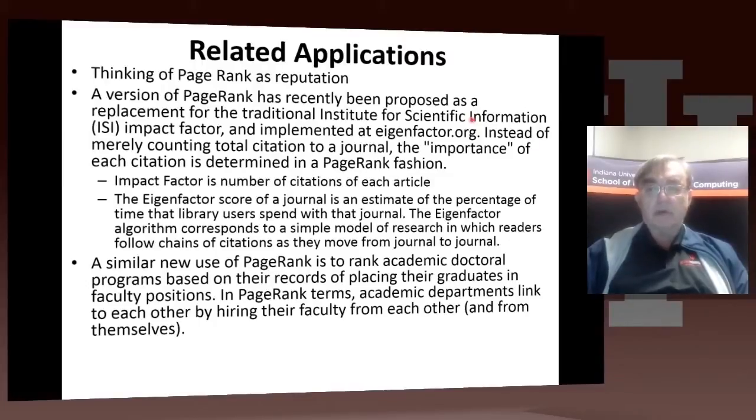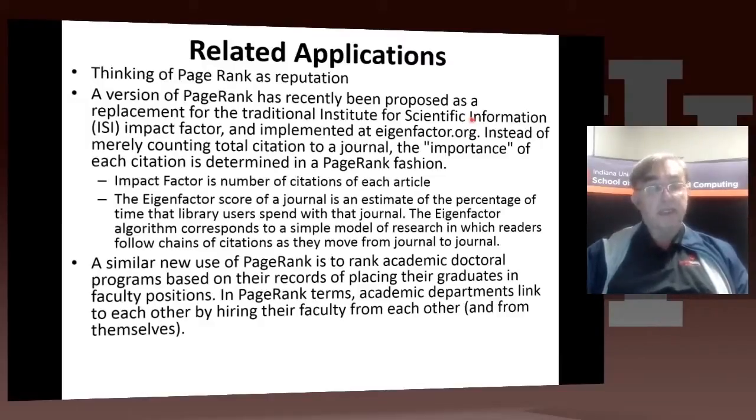There is a so-called eigenfactor method of ranking journals, which is effectively using the PageRank idea applied to journals, where the linkage now doesn't come directly from actual physical hyperlinks from one article to another or one journal to another journal.